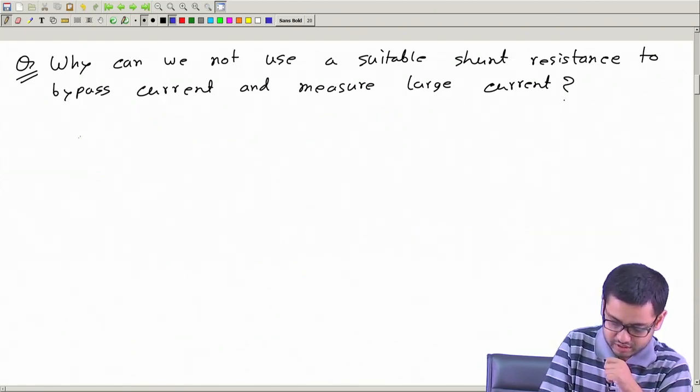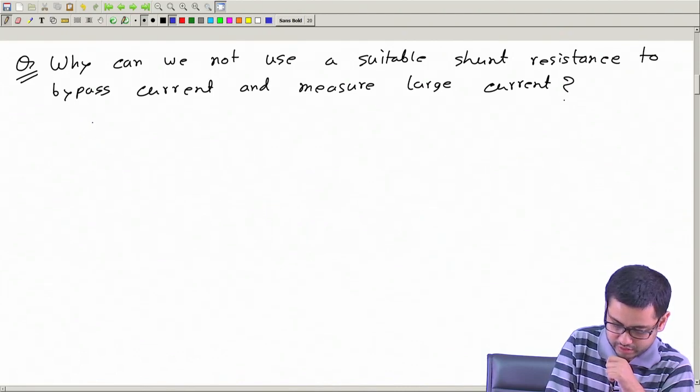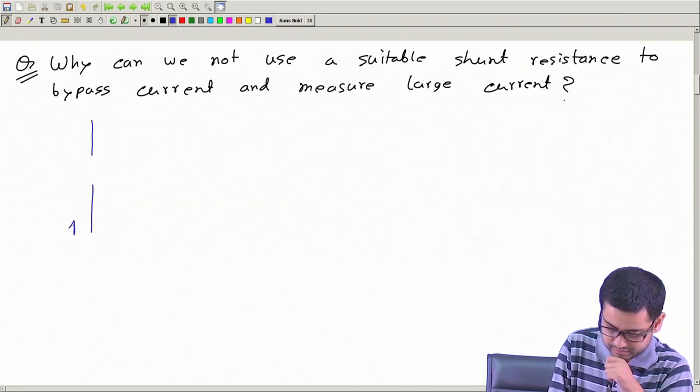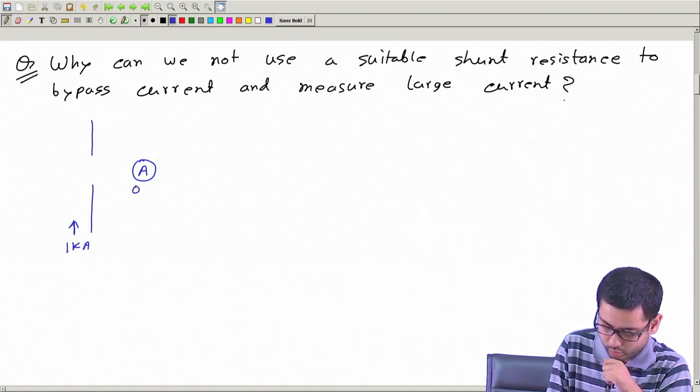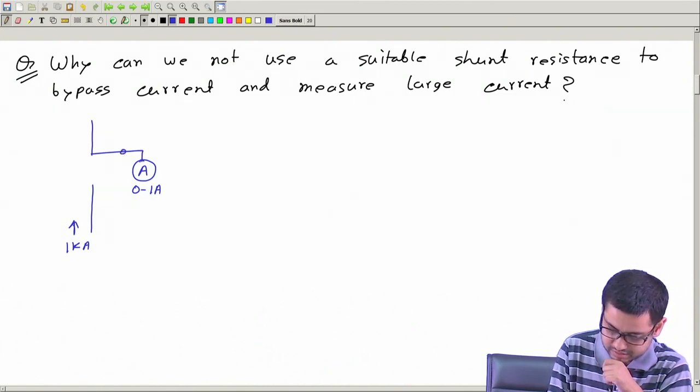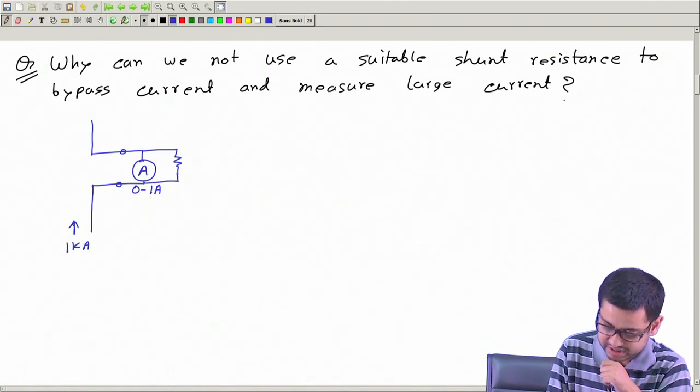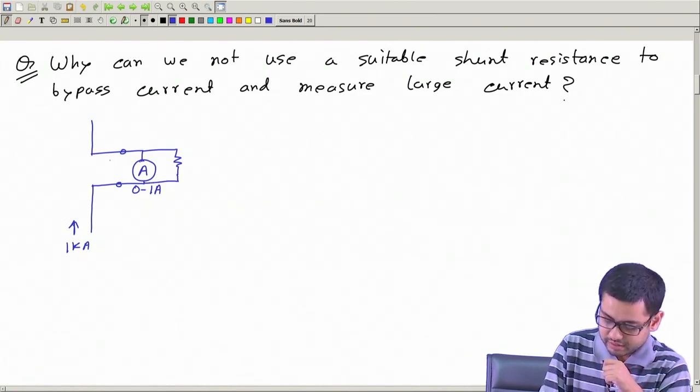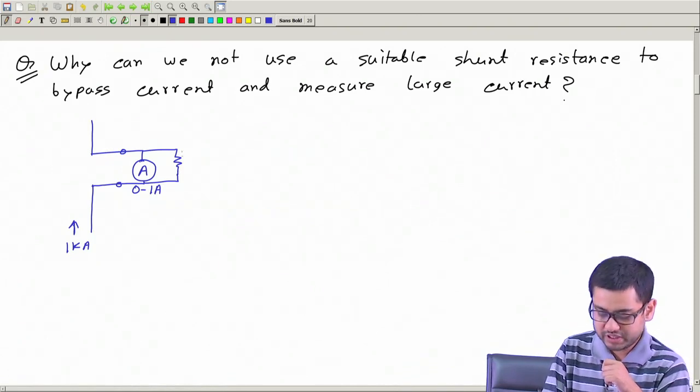So, if I want to measure a huge current like this one, so I have around 1 kiloampere current. So, what I can do, I connect an ammeter whose range is 0 to 1 ampere to this, and we put a suitable shunt resistance, a small resistance, okay, such that most of the current gets bypassed through this shunt resistance.